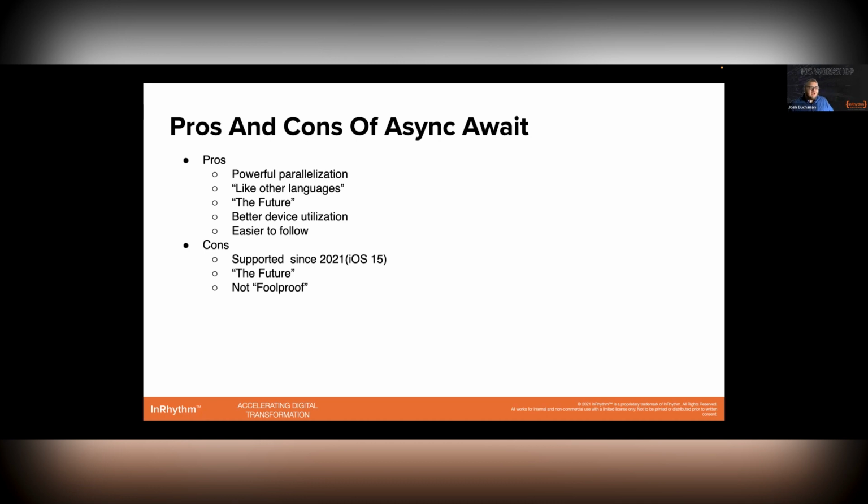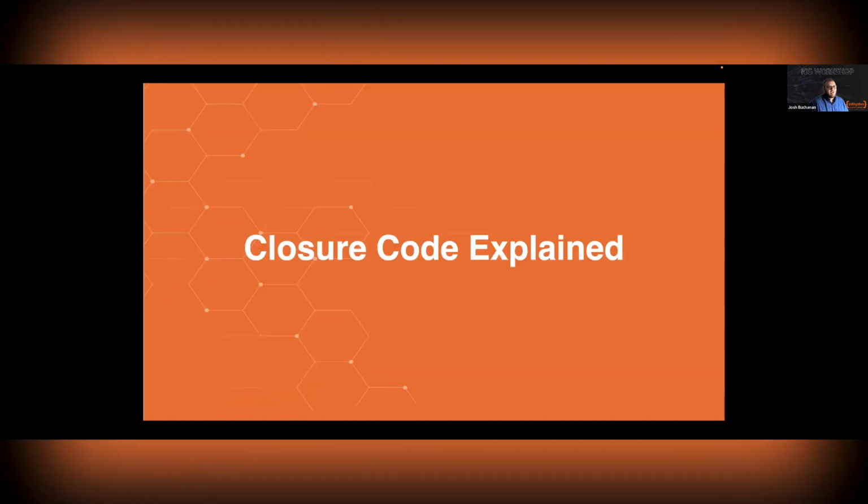The last thing is, while async await does a lot of things for you, it's still not foolproof, right? You can still make bad decisions and unintentionally cause problems. So if you really do want to understand how it works, not just get it working, to try and avoid those situations.